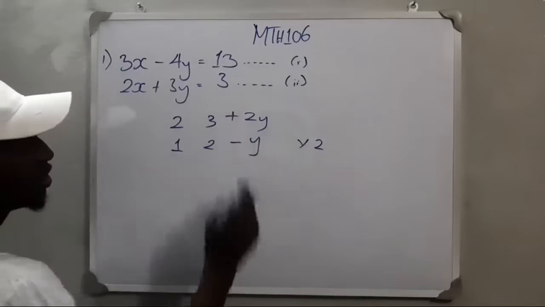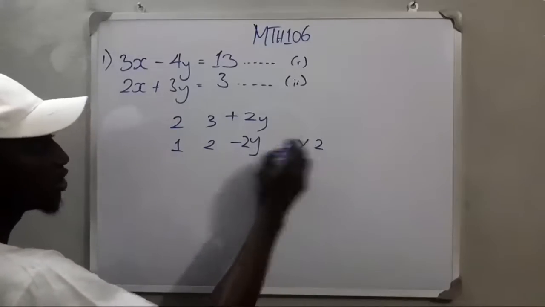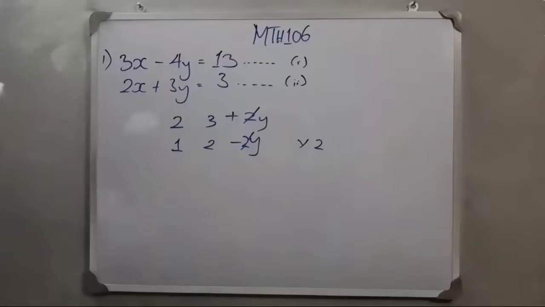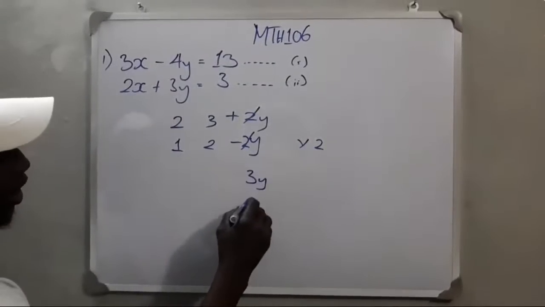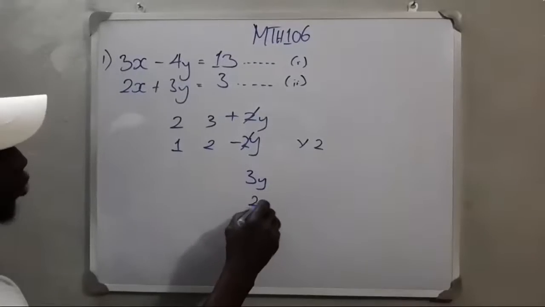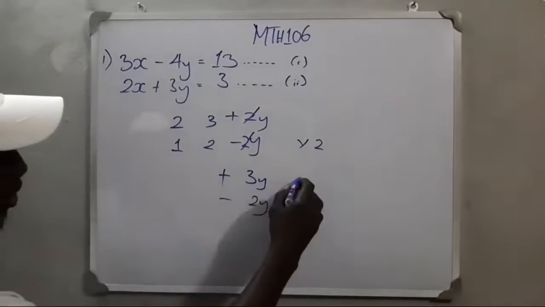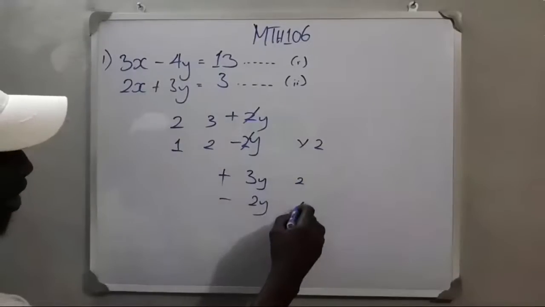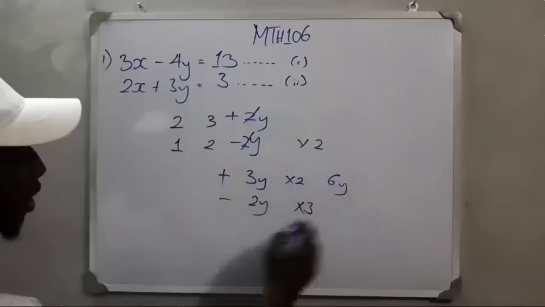This might be positive, then this is already negative, so when we multiply equation 2 by 2 this cancels this. Or in a situation whereby we have 3y and maybe 2y, and one is plus and the other is negative, most times we multiply this by 2 and this by 3.